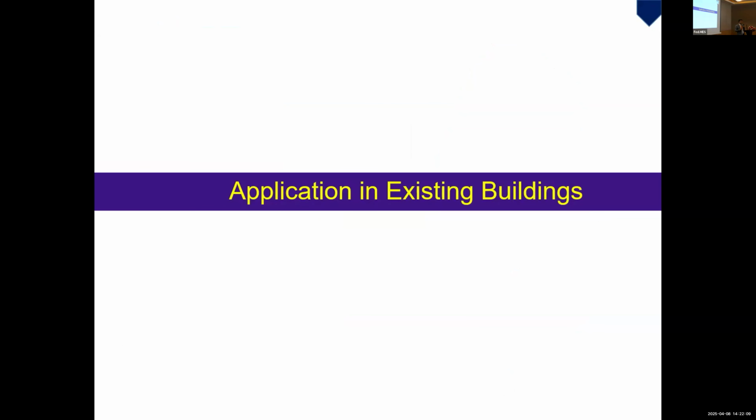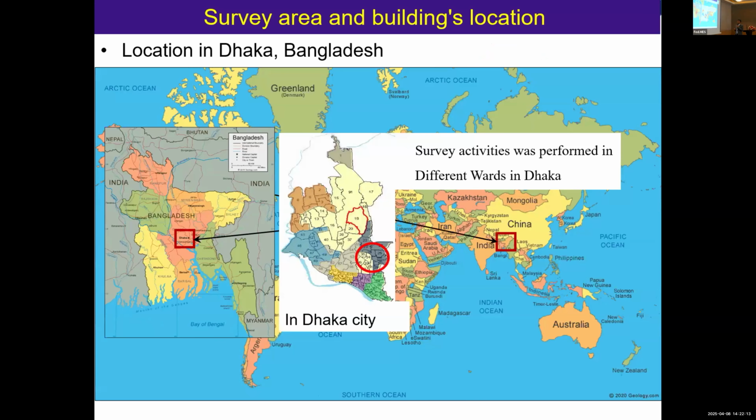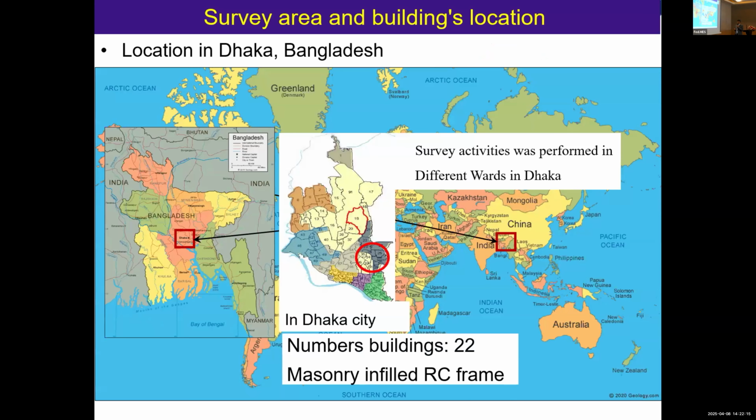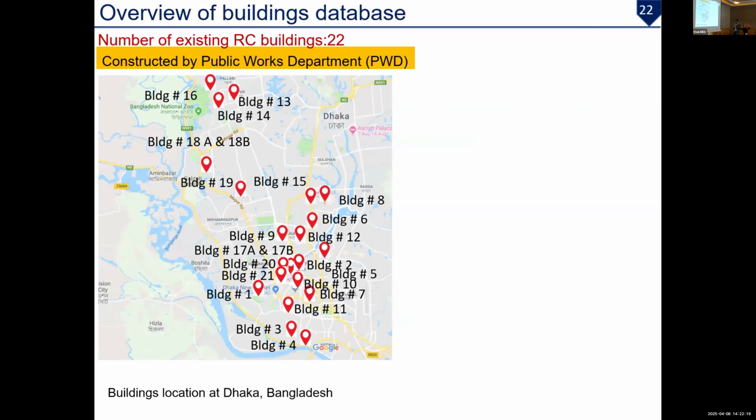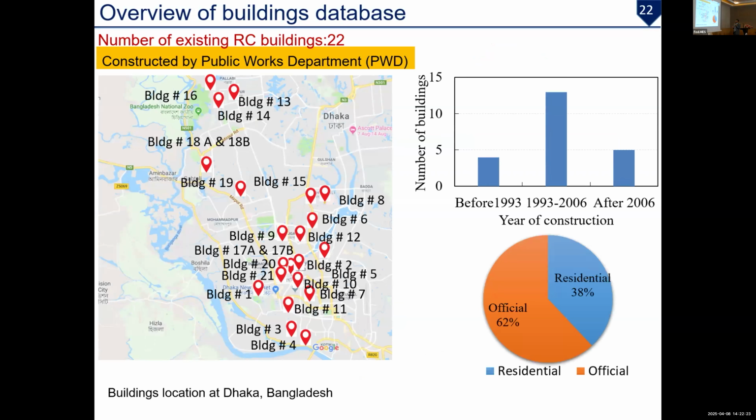This idea and concept we applied to several existing buildings in Bangladesh. We surveyed 22 buildings in Dhaka city. The buildings are located here, and they cover a wide range of construction years, from 1993 and before to after 2006.